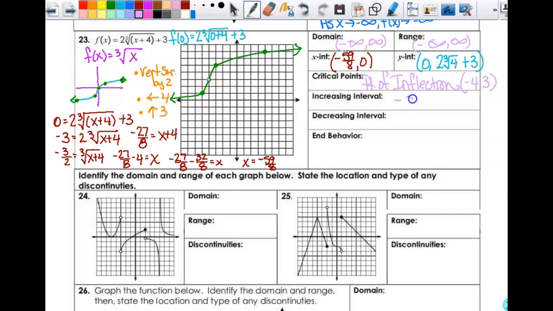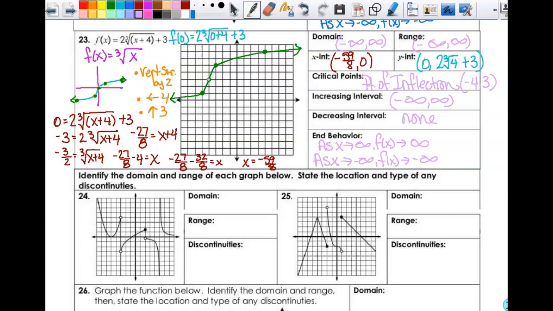It's increasing over the entire domain, so it's not decreasing at all. In end behavior, as x approaches infinity, f of x approaches infinity as well. Then as x approaches negative infinity, f of x approaches negative infinity.